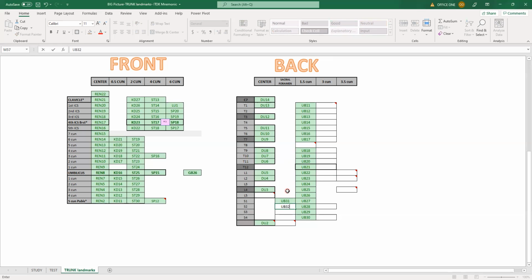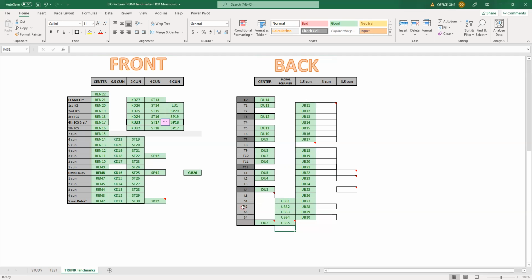UB31, UB32, UB33, UB34, and UB35. And here we have another way to remember this one, because the S looks like a 3 that is backwards. So you just switch that letter and it will look like a 3 for me.